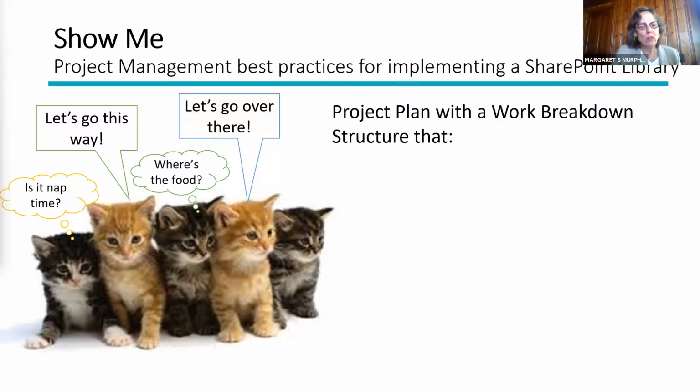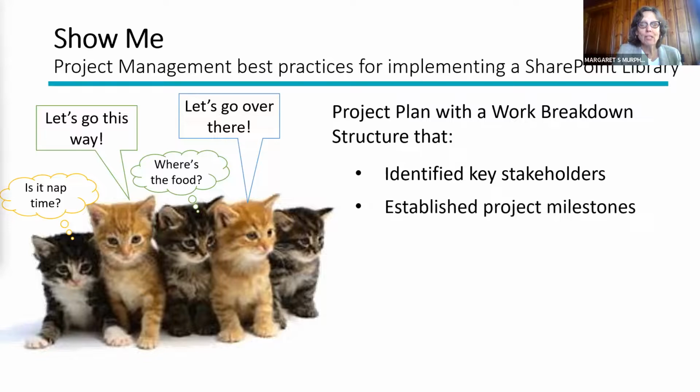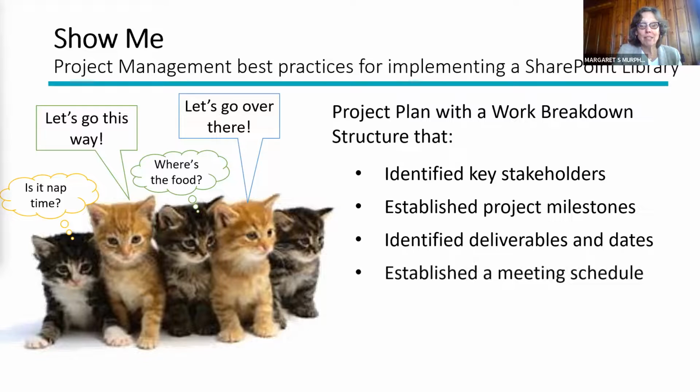Now, that work breakdown structure included several things. We identified key stakeholders. We established project milestones, identified deliverables and dates, established a meeting schedule, and determined a communication strategy. These were key components of our project plan.